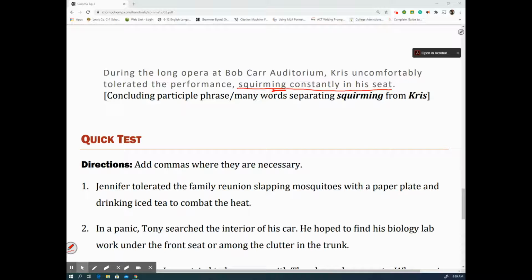So technically speaking, you could make the case that this is kind of misplaced a little bit. I'd rather see it here. Having said that, it's fine the way they have it. It's just that since this is separated by many words from Chris, which it describes, that's going to require me to use a comma. Wonderful. Again, if I were writing the sentence, I would have structured it that way.